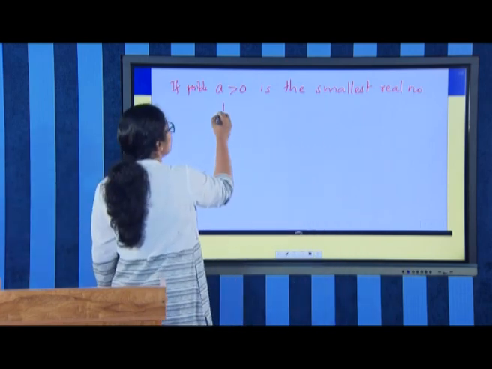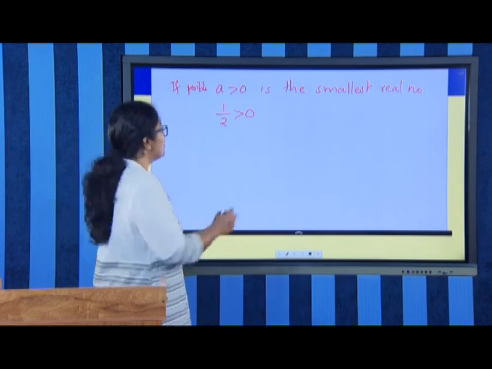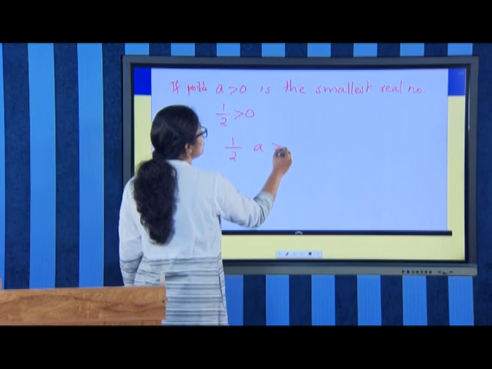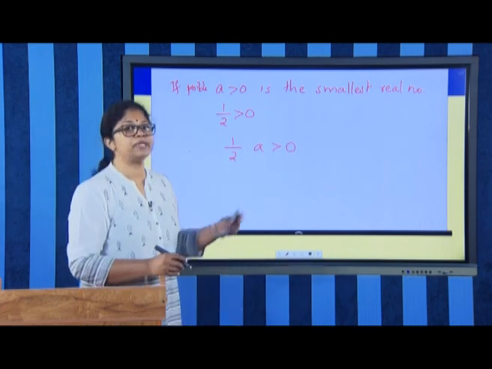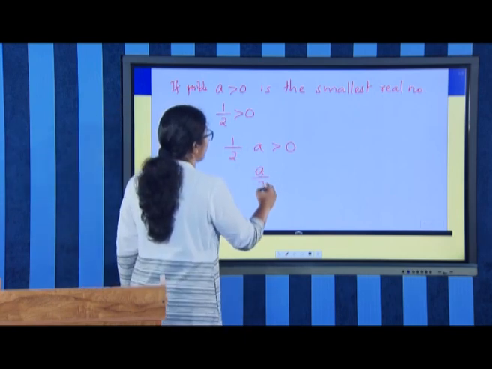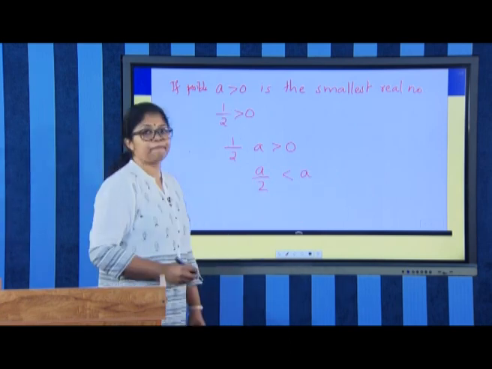Then we know 1 by 2 is definitely greater than 0. Therefore, 1 by 2 into A is also greater than 0. Why? Because the product of two positive real numbers is definitely greater than 0. But where is this A by 2? A by 2 is definitely less than A.